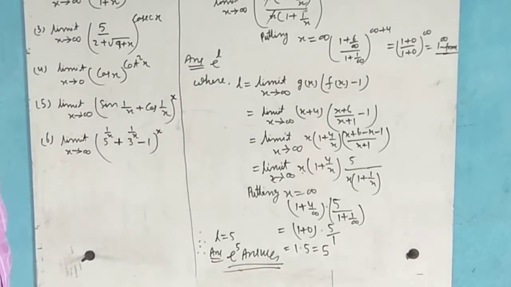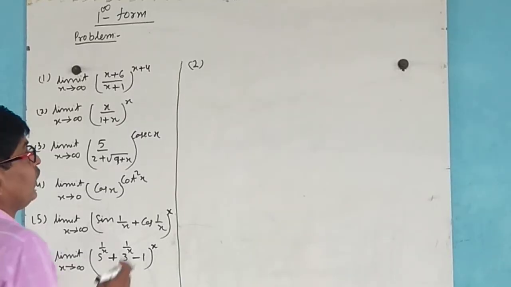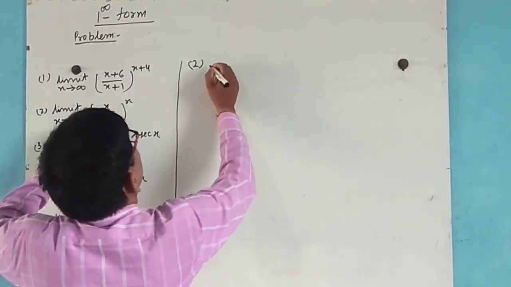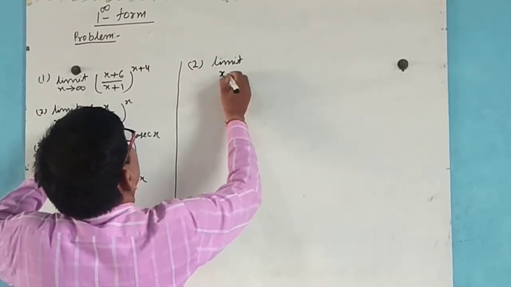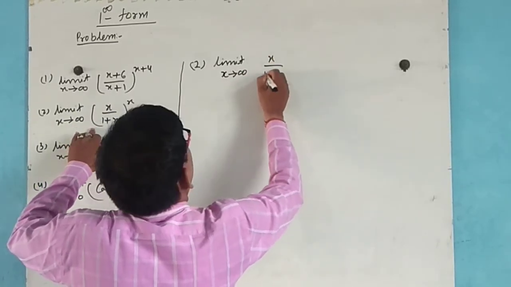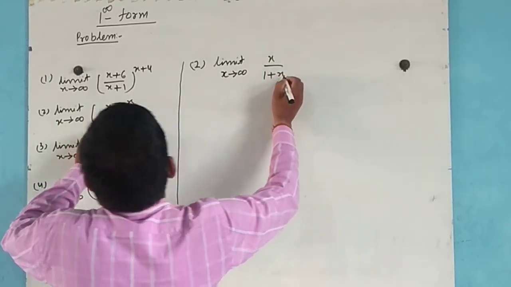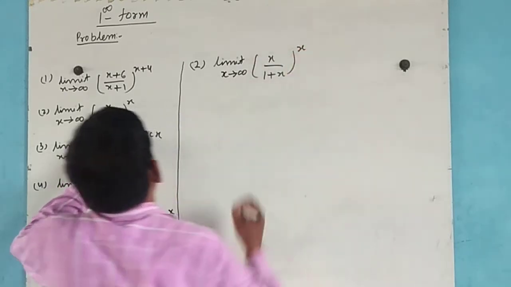Now we take the second problem. Limit x tends to infinity, (x by 1 plus x) to the power x.